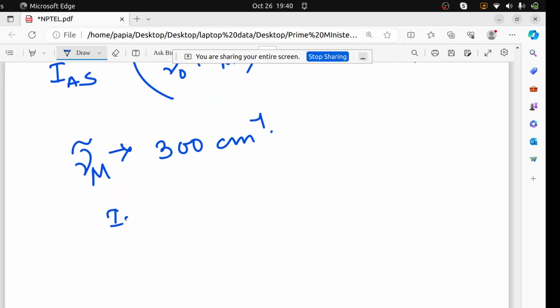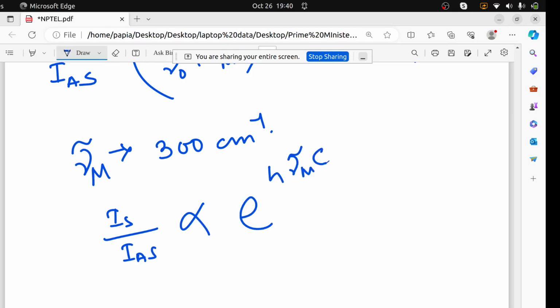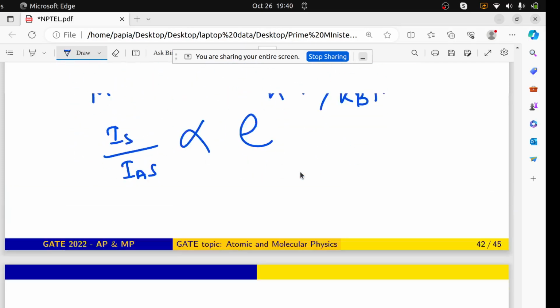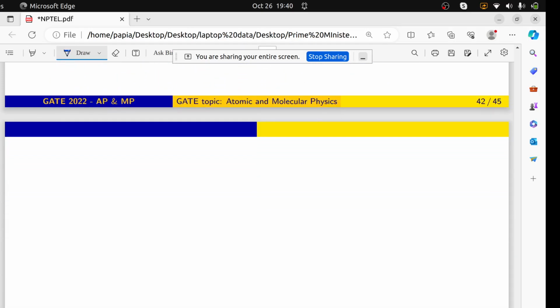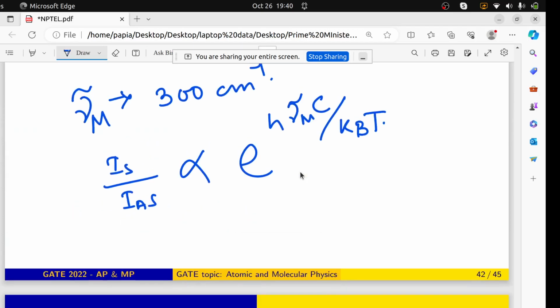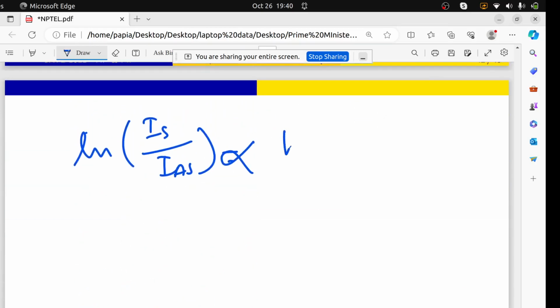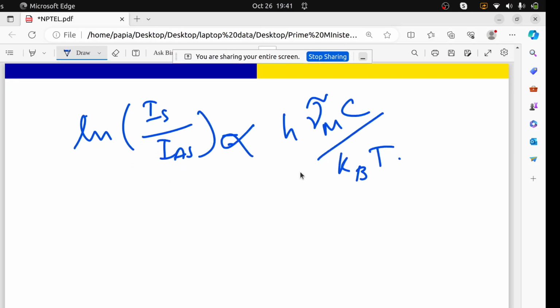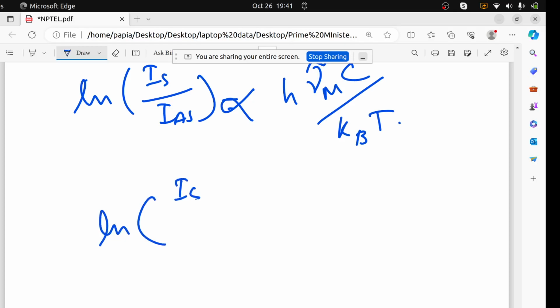So I can write here IAS is proportional to e to the power h nu m tilde c divided by kBT. So from that case I can write here ln of IS by IAS is proportional to h nu m c by kBT. Now I have already told what is the value of this one.